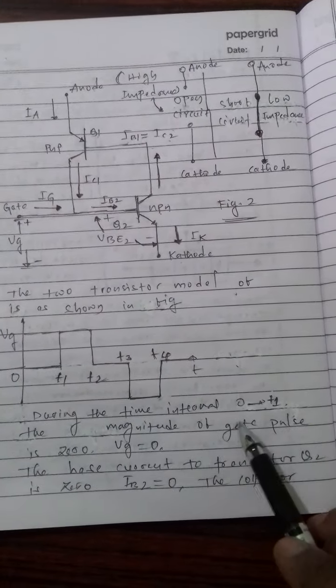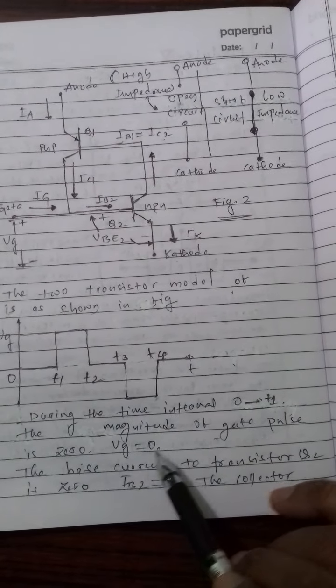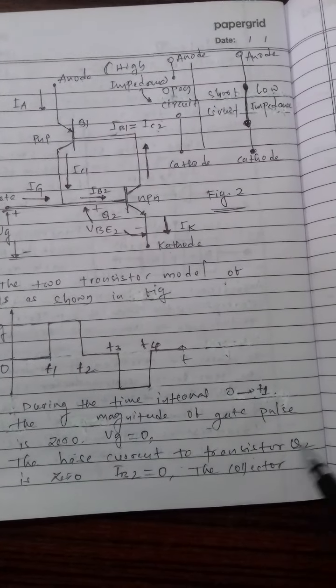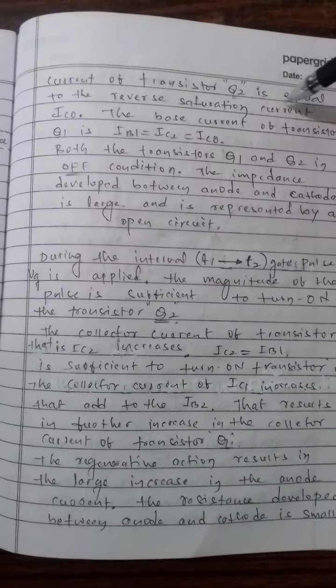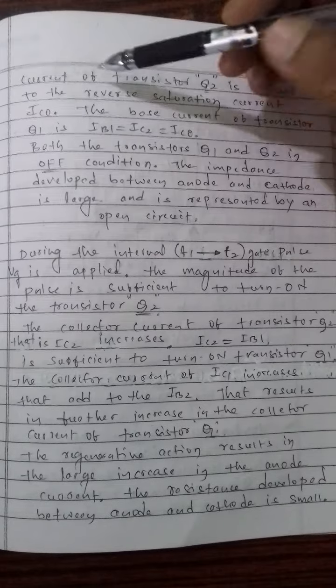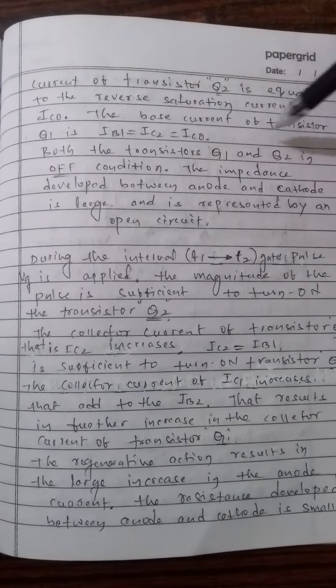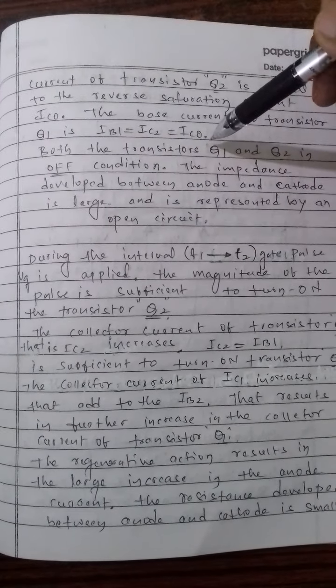During the time interval 0 to T1, the magnitude of the gate pulse is 0, so the gate voltage is equal to 0. The base current of transistor Q2, IB2, is equal to 0. The collector current of transistor Q2 is equal to the reverse saturation current ICO. The base current of transistor Q1, IB1, is equal to IC2, which is equal to ICO.